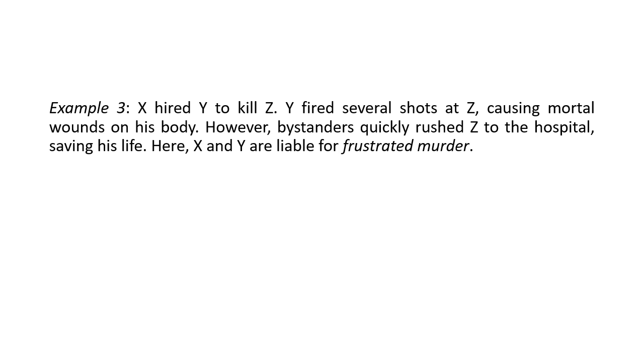The act of the bystanders in quickly rushing Z to the hospital. Z could have died because Z had already sustained several shots from the firing of the gun. So, had it not been for the quick action of the bystanders, Z would have died.